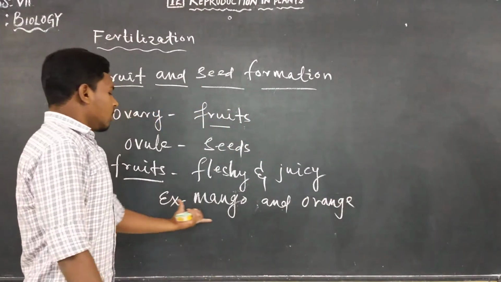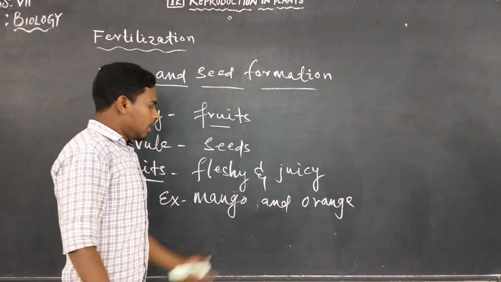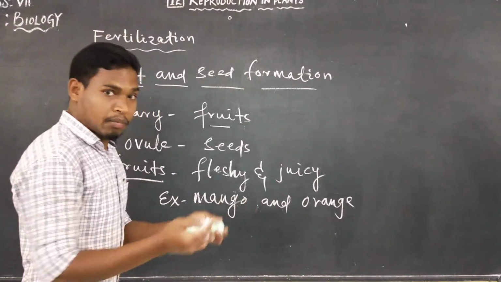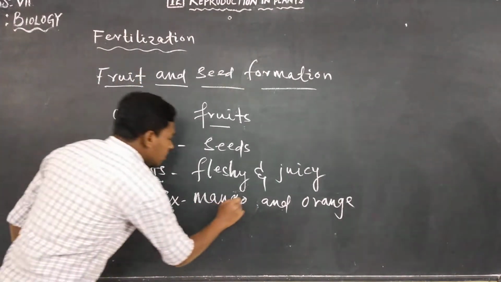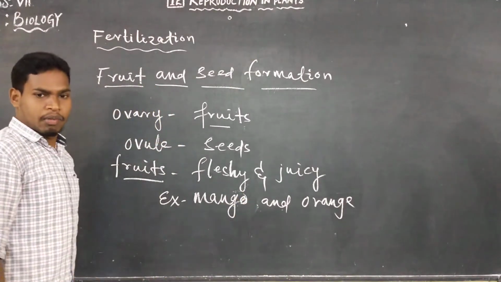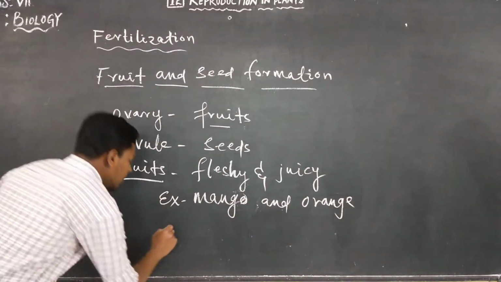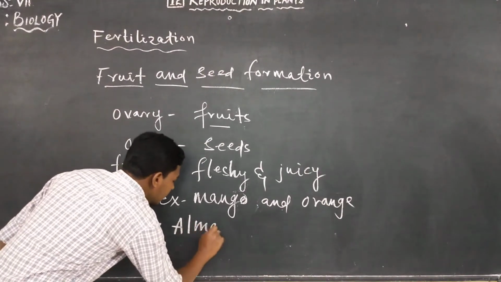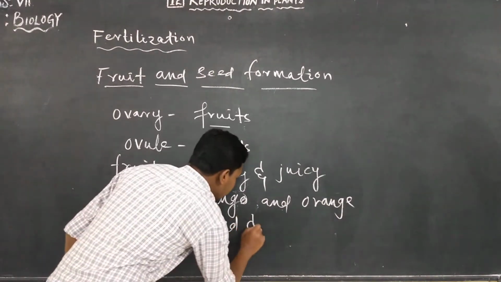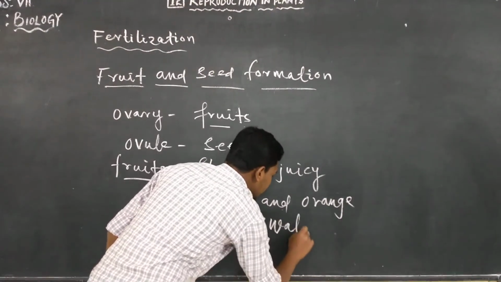So these are fleshy and juicy fruits, and some of the fruits are hard, like almond and walnut.